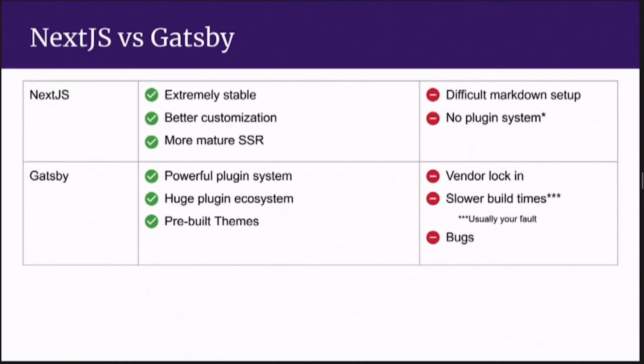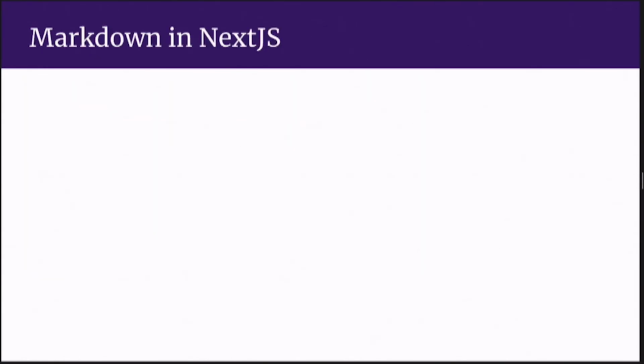But there's a bit of vendor lock-in because they handle a lot of things for you. As a result, they tend to do fairly non-standard ways of doing things. They have slower build times, which usually are your own fault. I will admit to having slow build times on some of my projects because of things I've done. And there are occasional bugs that may prevent you from doing upgrades or similar, right?